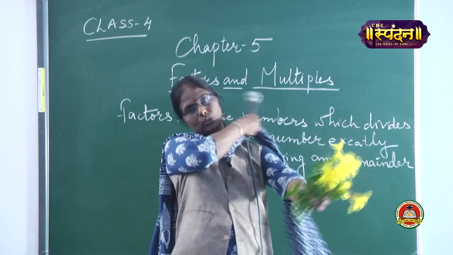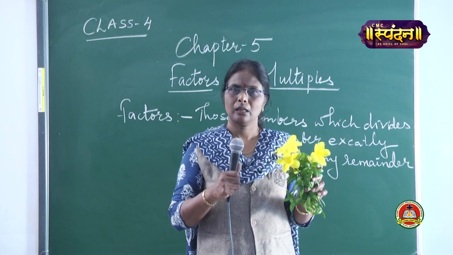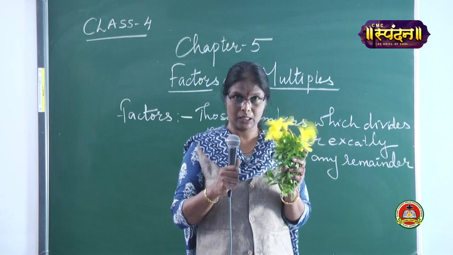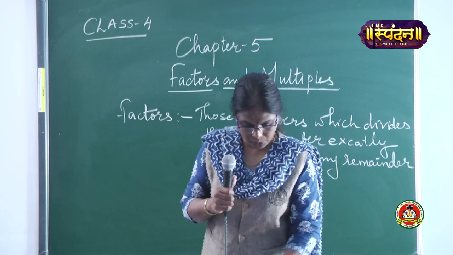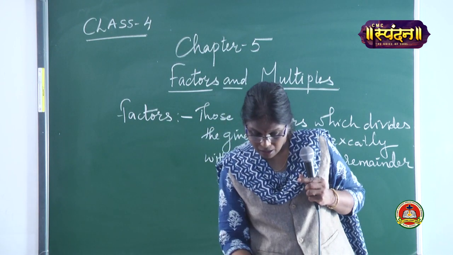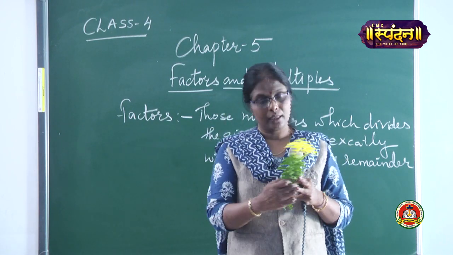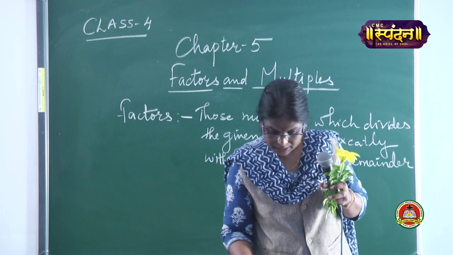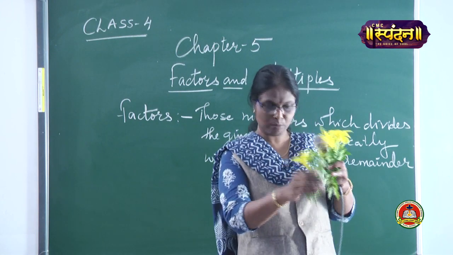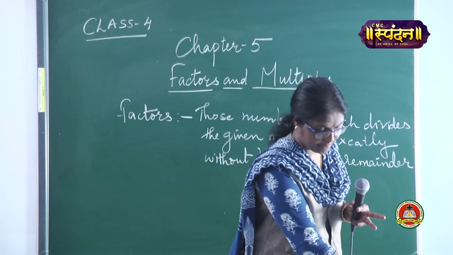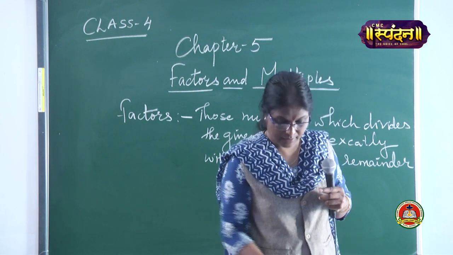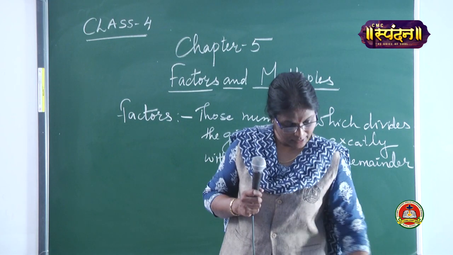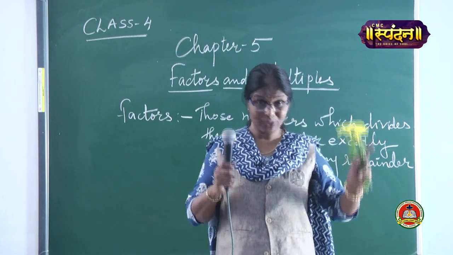I am going to arrange these 6 flowers in different ways. Suppose I am going to make a bunch of 2. How many bunches can I make? Here this is the first bunch, this is the second bunch, and this is the third bunch. That means I have made 3 equal bunches.